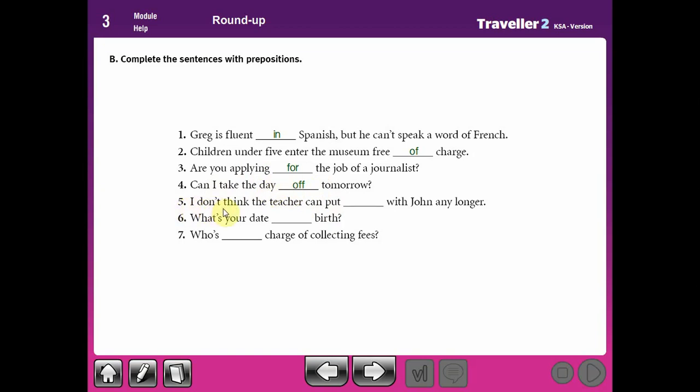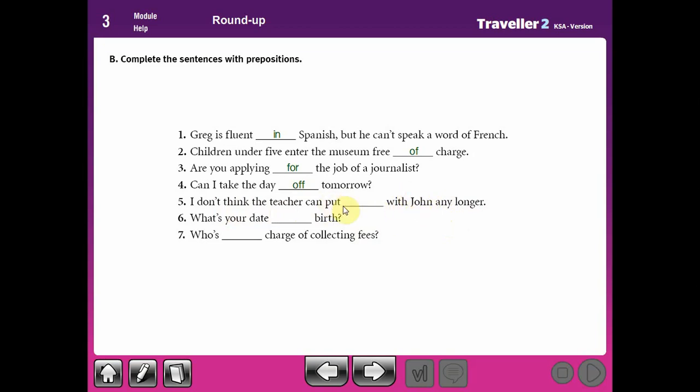I don't think the teacher can put up with John any longer. So this student, John, is naughty, he behaves not very well in the class.